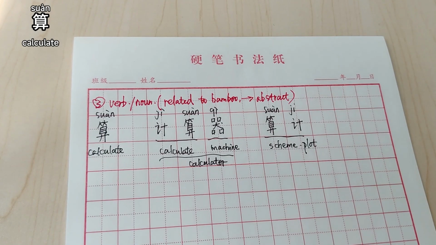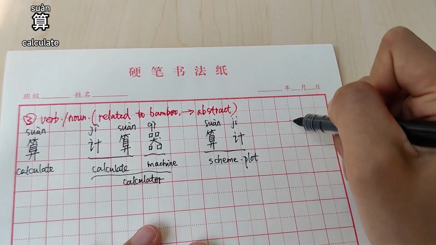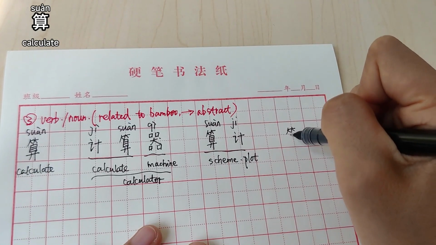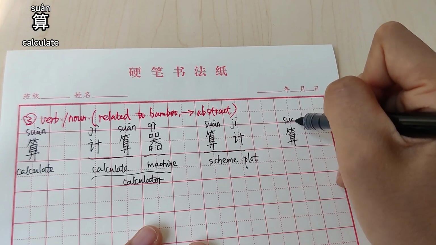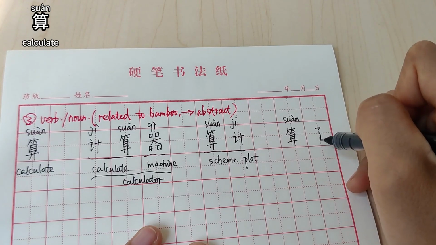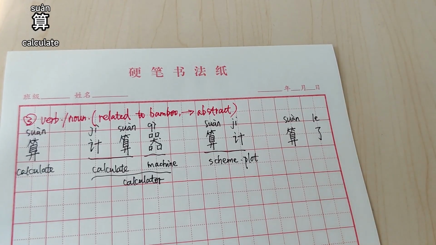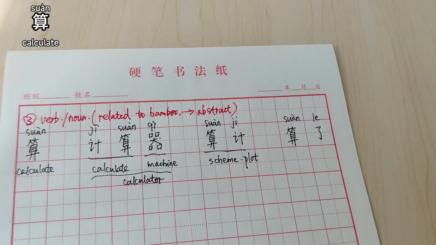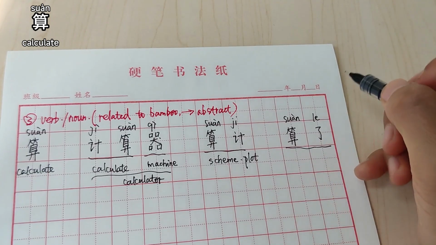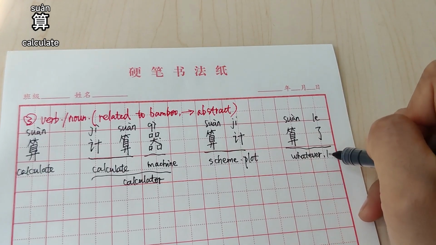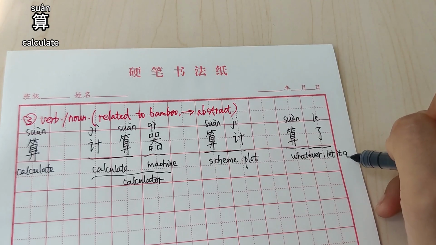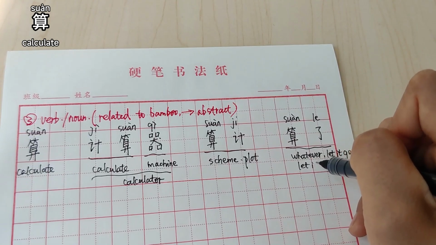And also, I would like to share with you the next one, 算了. 算了 is a spoken word, and it has nothing to do with calculation, but it means whatever, let it go, let it be.